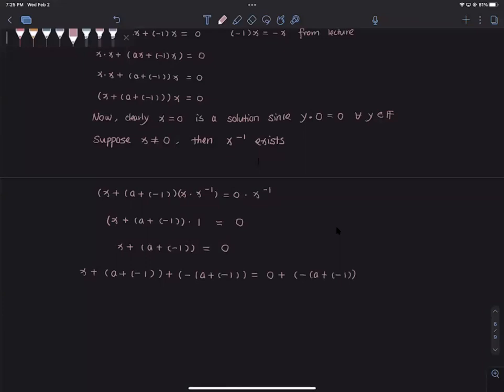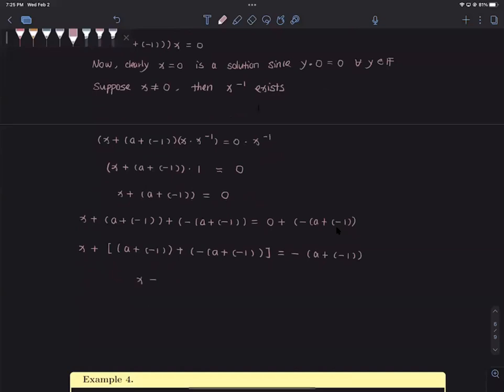Okay? And those two are together. By associativity, we can put them together. And this side will just be negative of (a plus -1), and this whole thing becomes 0. So x plus 0 equals negative of (a plus -1), which means x equals negative of (a plus -1).